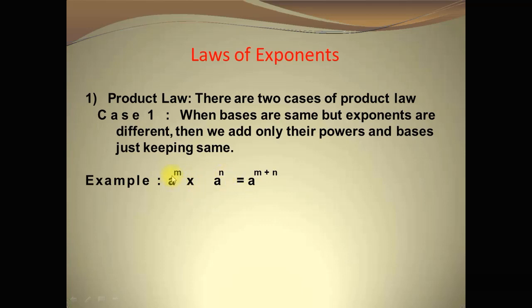We can write this expression: a power m multiplied by a power n is equal to a power m plus n. So when in the product form bases are the same and exponents are different, then add the exponents and the base is just kept the same.